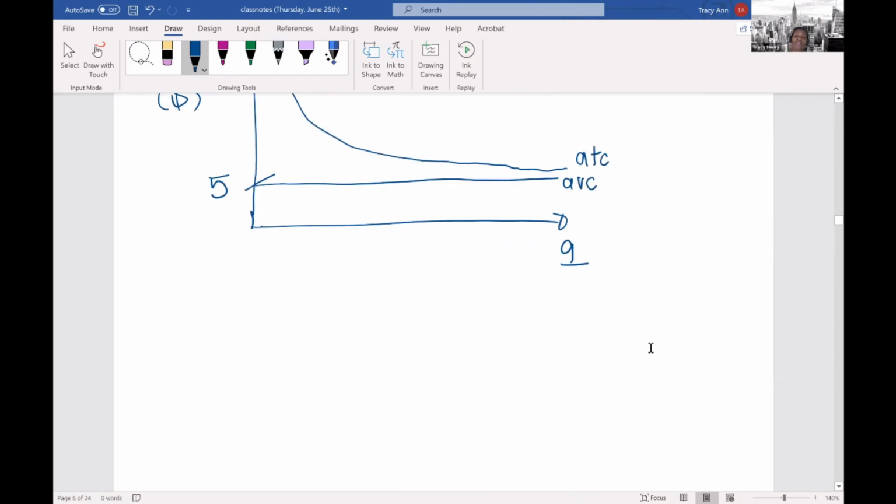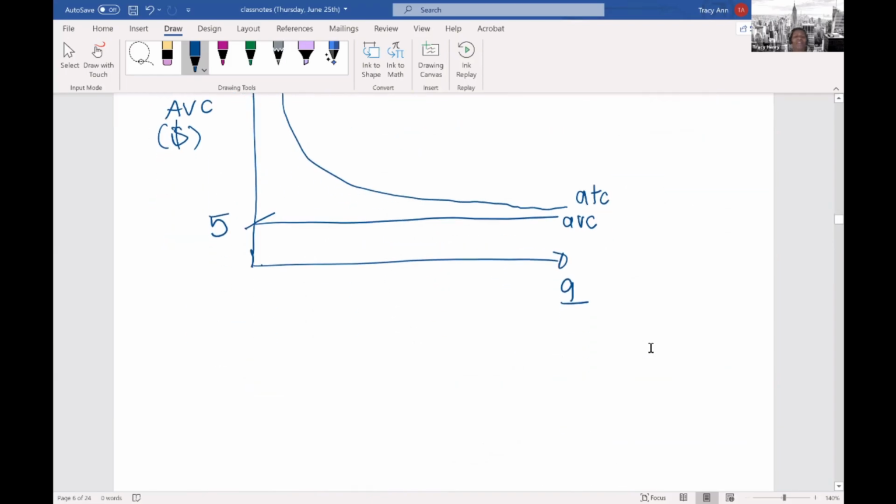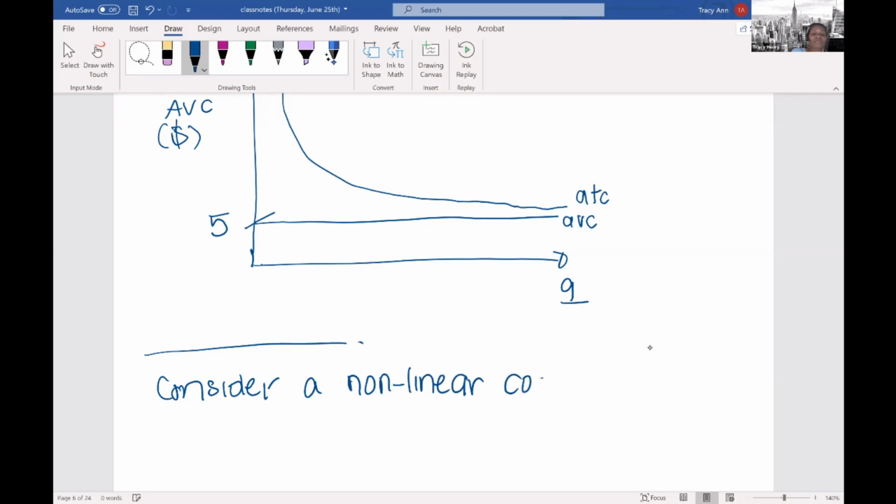Now let's look at having a nonlinear cost function, which is typically what we will see. For those of us who are adventurous, if you go back and look at how we came up with our cost function as a function of quantity, you can imagine a way to get it into a nonlinear form based on our production function.